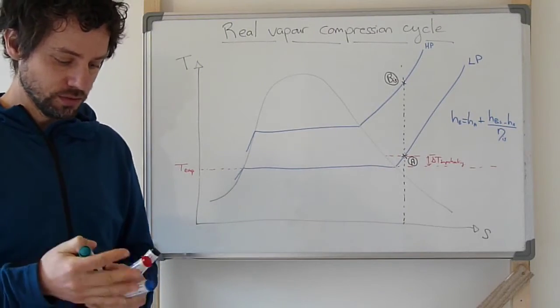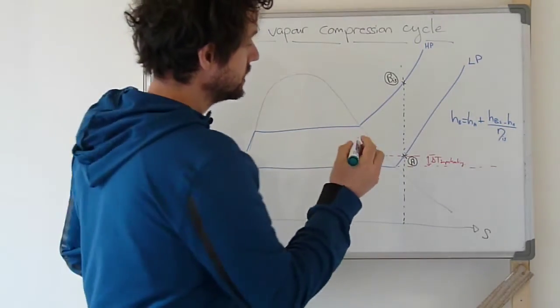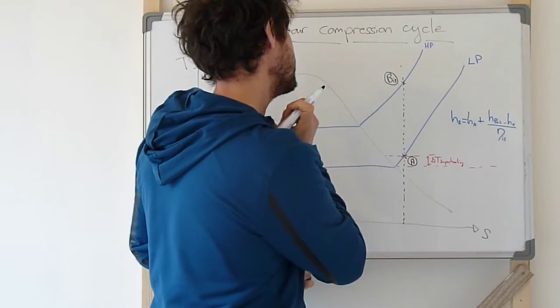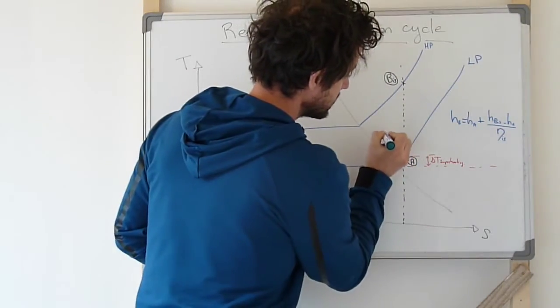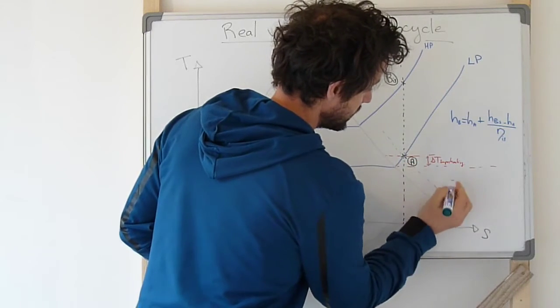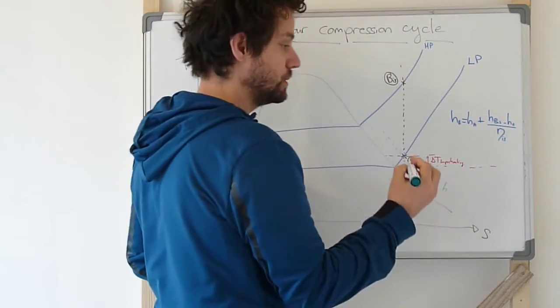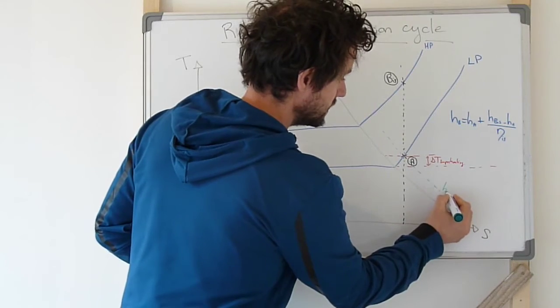So in order to calculate this, you need to read on the diagram the specific enthalpy of point A and B_is. The shape of the iso-enthalpy line is like this.